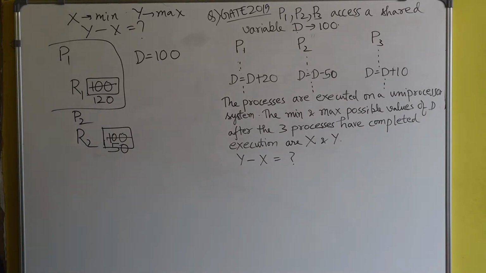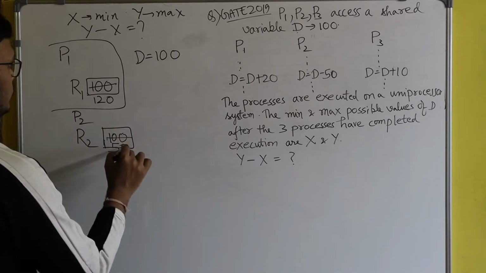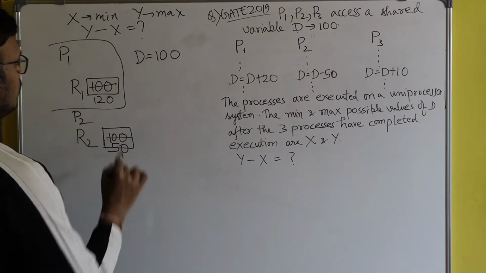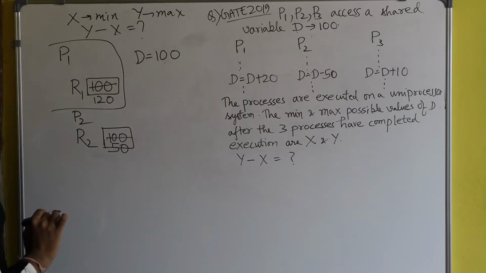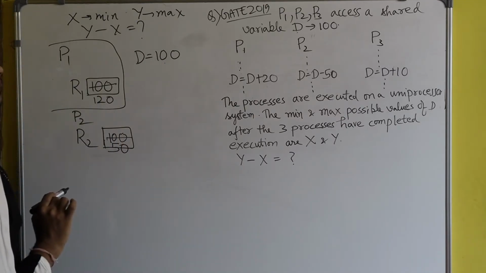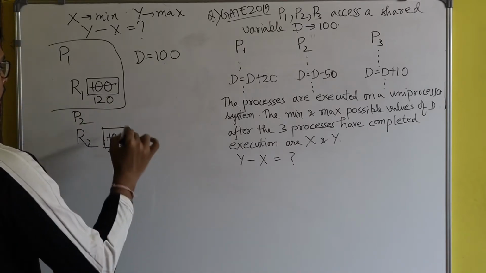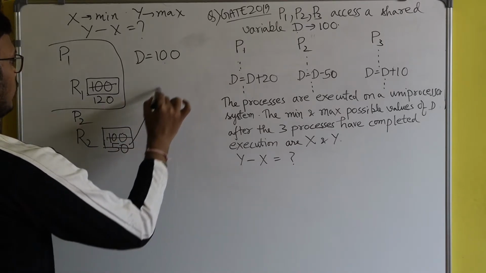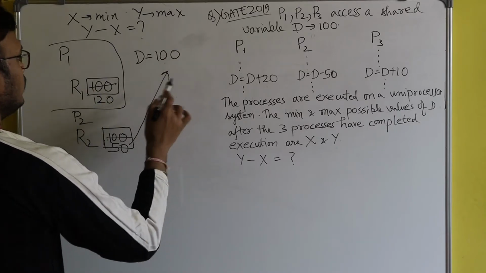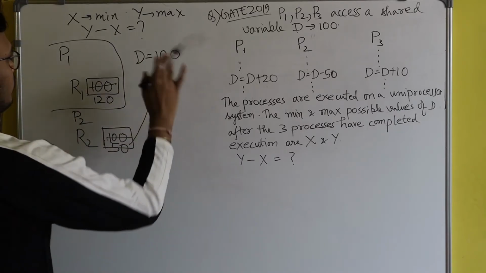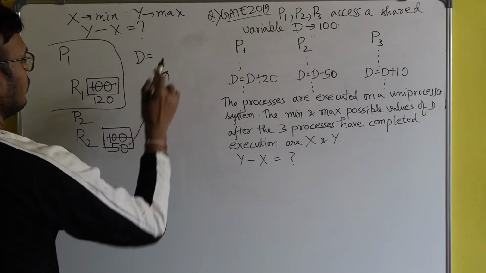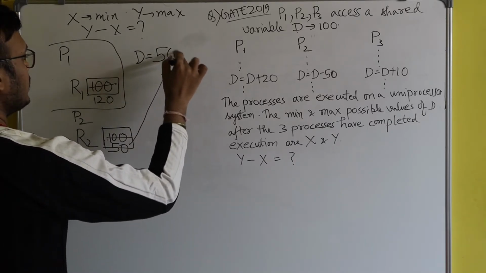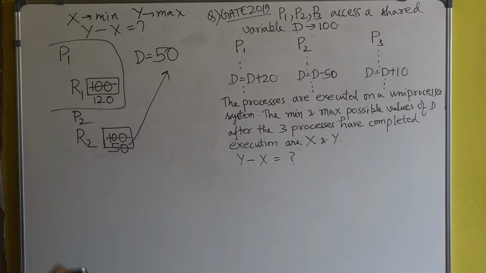Now suppose P2 stores this value back to D. So this 50 will be stored back to D, and D has been updated to a new value, 50. Now D contains 50.